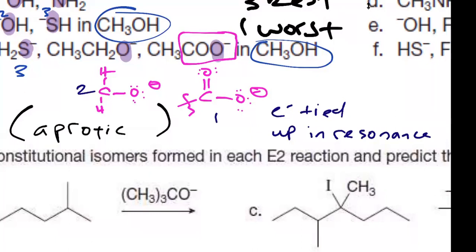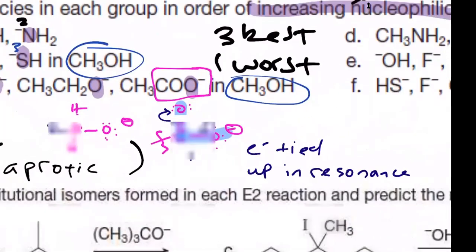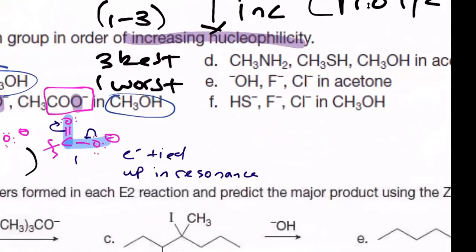You can see the pattern for resonance right here: you have a 3-atom unit with a donor and acceptor next door, and you can push the pair of electrons here and do resonance. So while the electrons are tied up in resonance, they're less available to be donated to an electrophile. All right. Any questions so far?